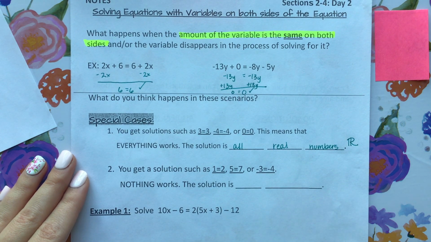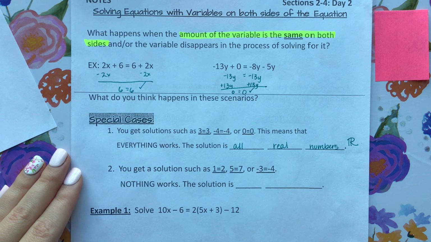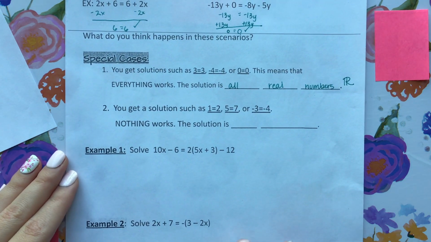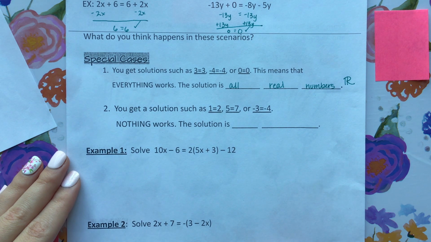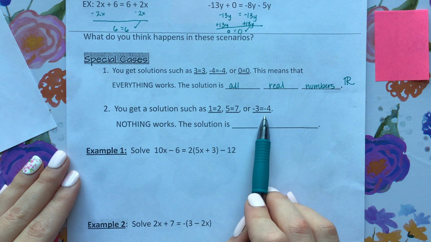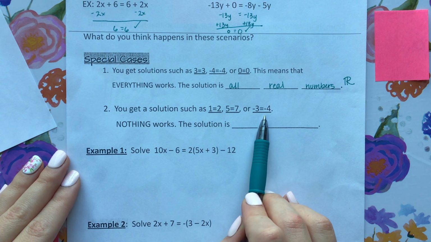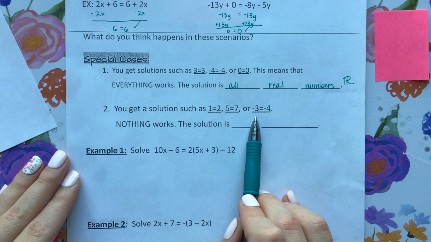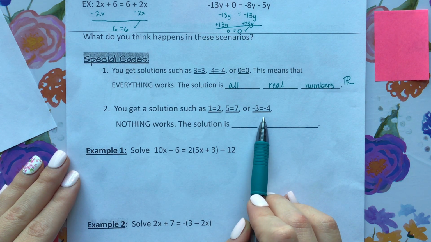Now there is another way that these special equations or special situations could come out. You could get something where that's not the same number on both sides, like 1 equals 2 or 5 equals 7 or negative 3 equals negative 4. Well, we know that 1 does not equal 2 or negative 3 does not equal negative 4.